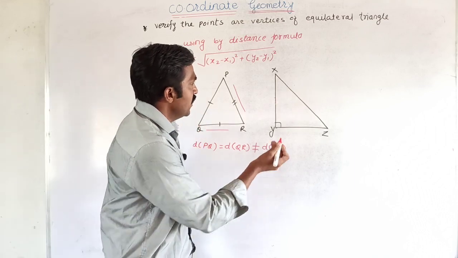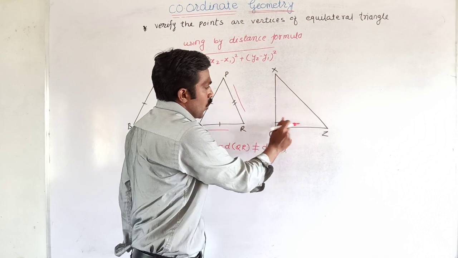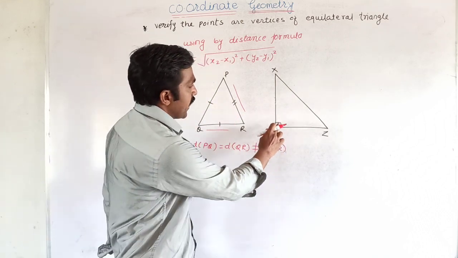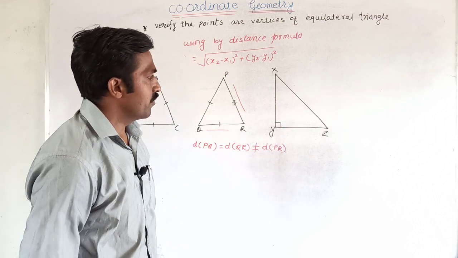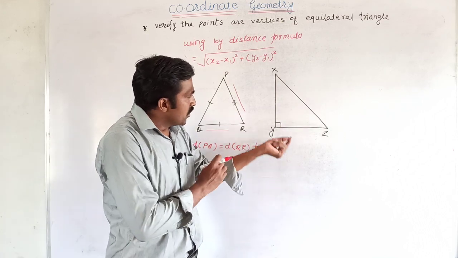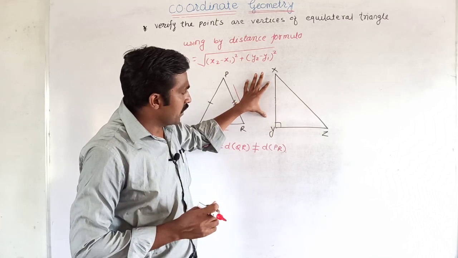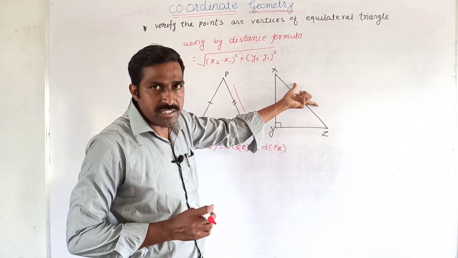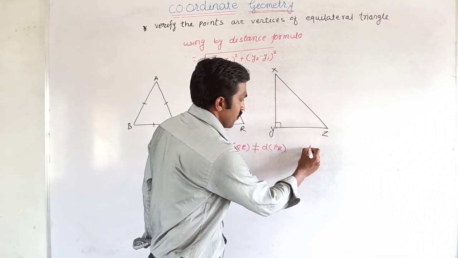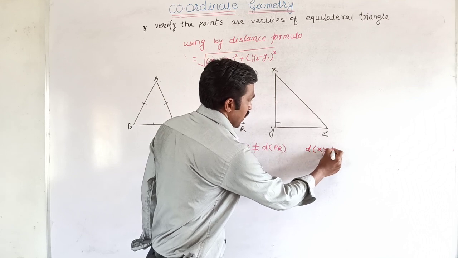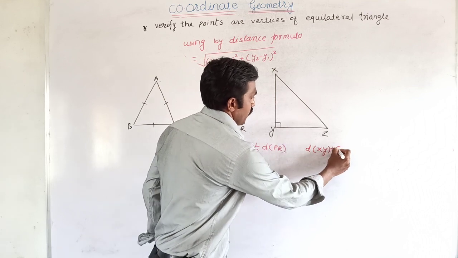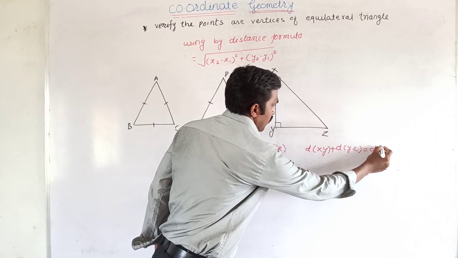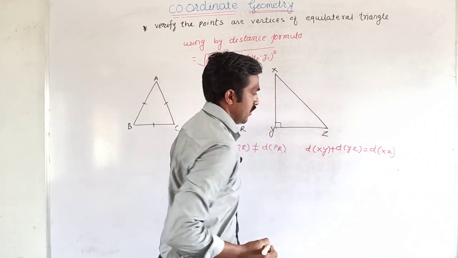Then another example, points X, Y, Z are the vertices of a right angle triangle. So how can we do it? Firstly find out the distance of XY, after that distance of YZ and the distance of XZ. Is the distance of XY plus distance of YZ equal to distance of XZ?